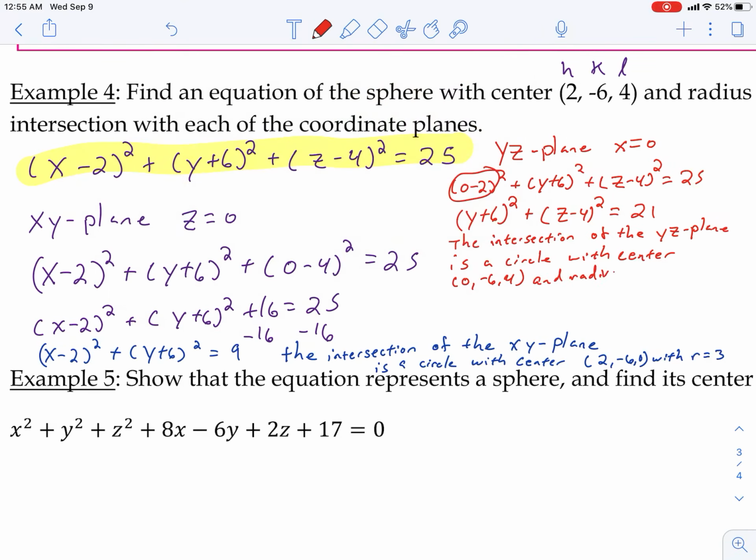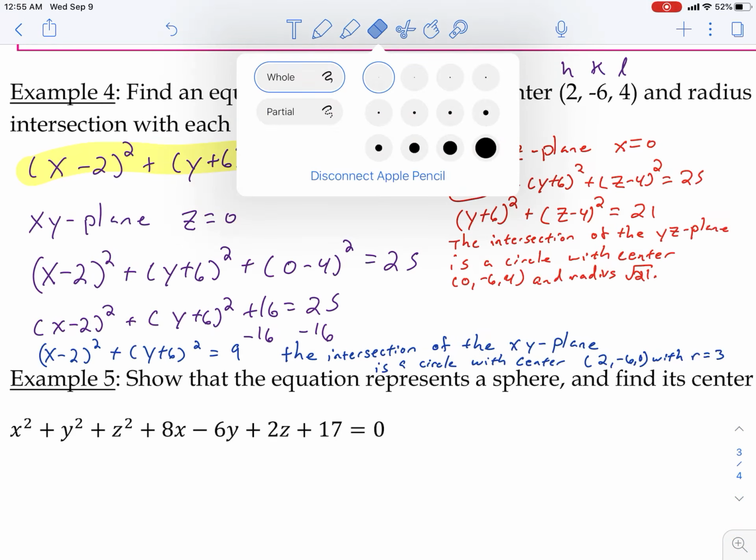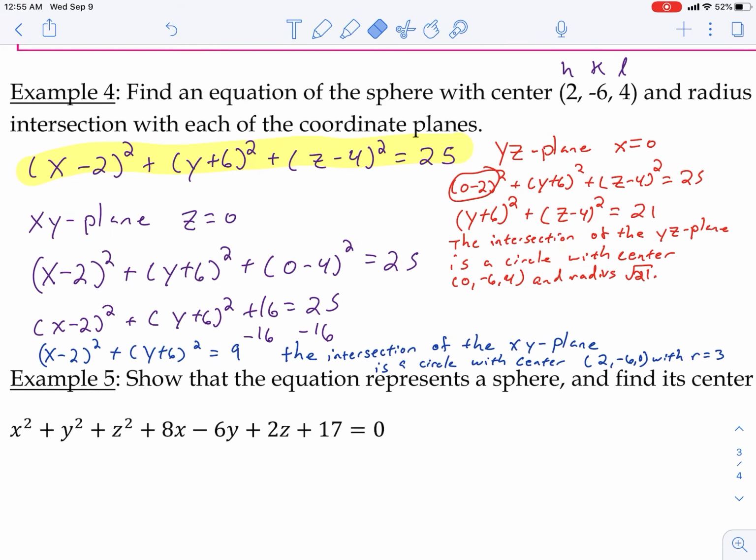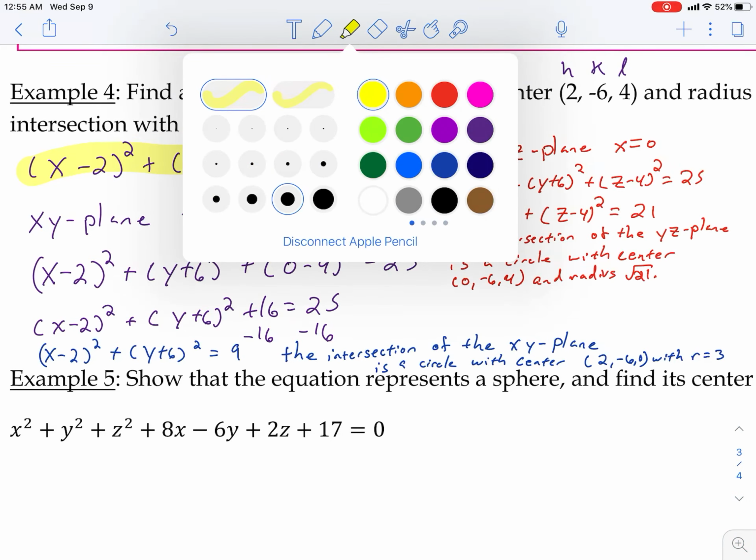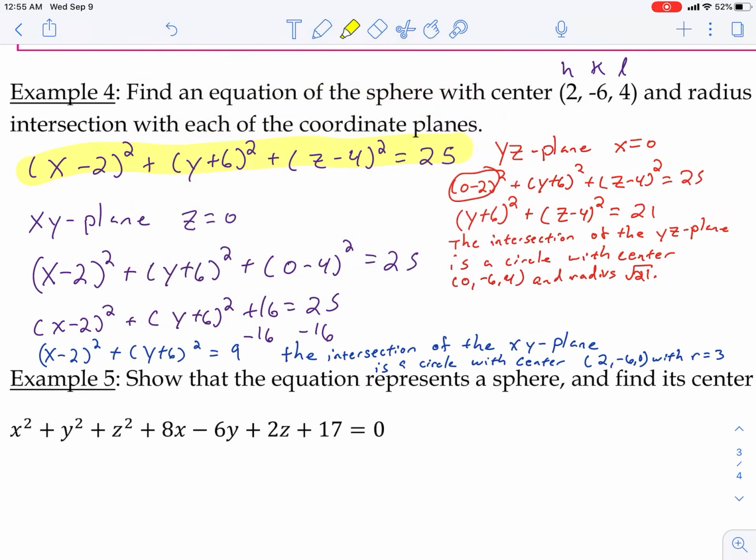And radius square root of 21. And again, that's what I want the solution to be.